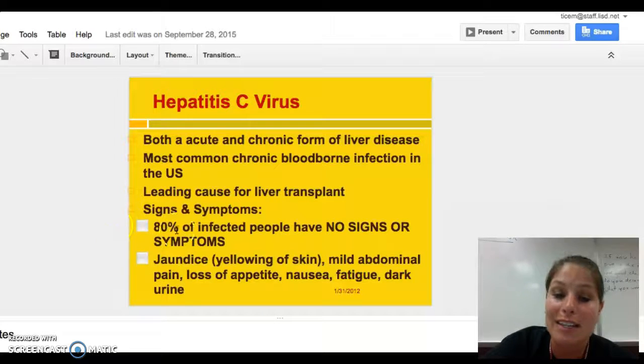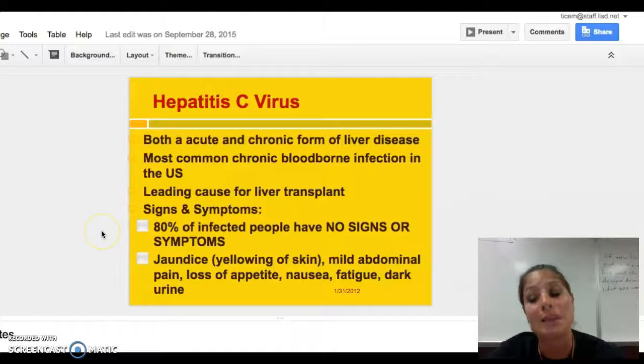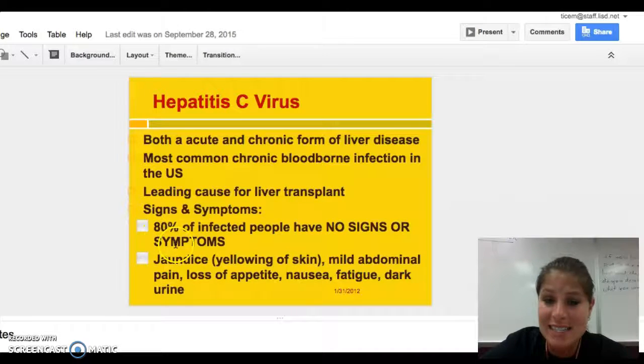A scary fact here is 80% of infected victims have no signs or symptoms. That's huge, because people walk around and can have this condition and have no idea that they have it. We see jaundice a lot with hepatitis C, and jaundice is the yellowing of the skin. We see this a lot in babies.